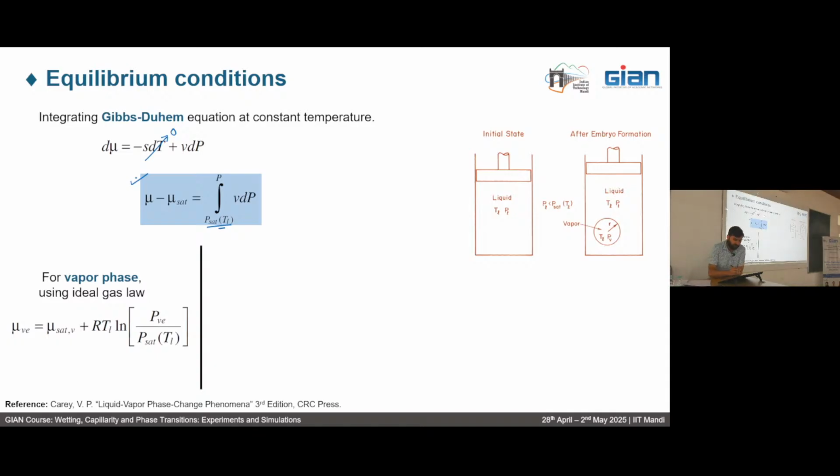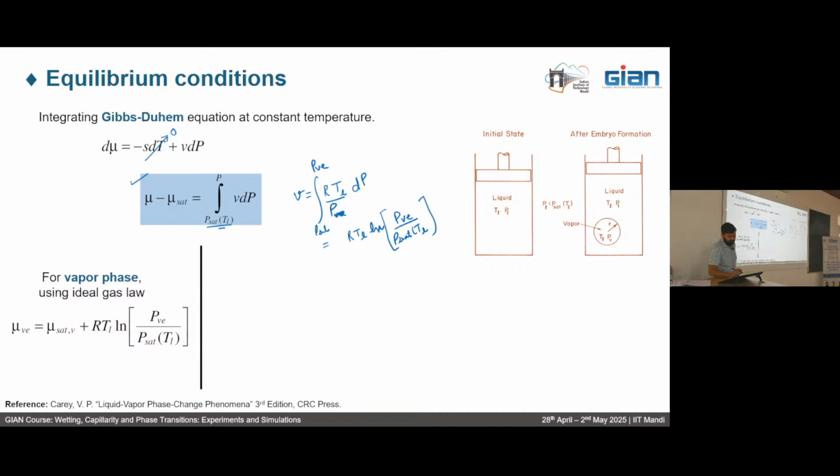So we can write V is equal to RTL by PV, and then if we integrate this between P saturation and PVE, what we'll get is RTL ln of PVE by P saturation at temperature TL. So that's what I've written here.